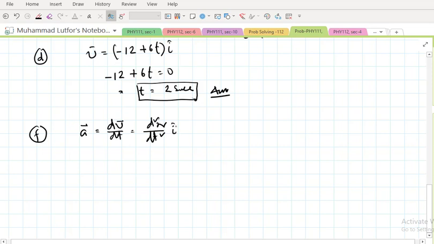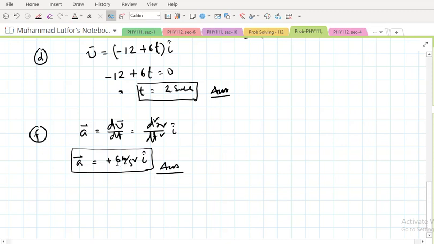So that should be my instantaneous acceleration. If I take that, I'll find that it would be basically plus 6 meter per second squared i hat. So that means instantaneous acceleration will be the same, it is independent of time.